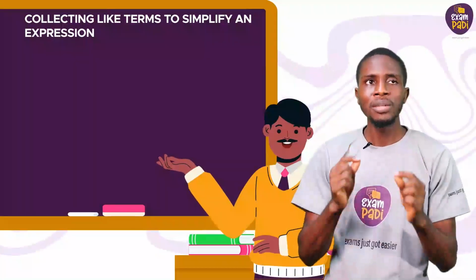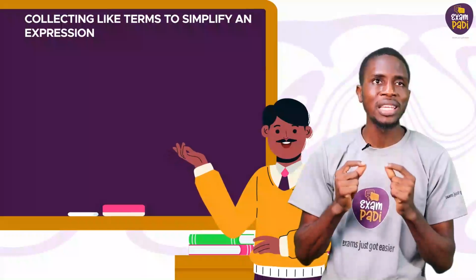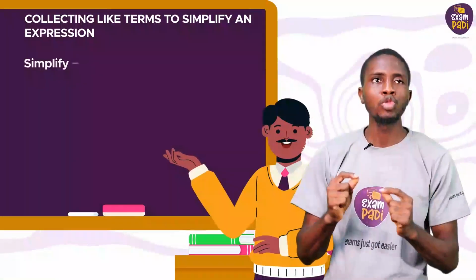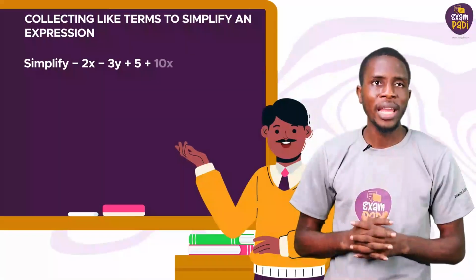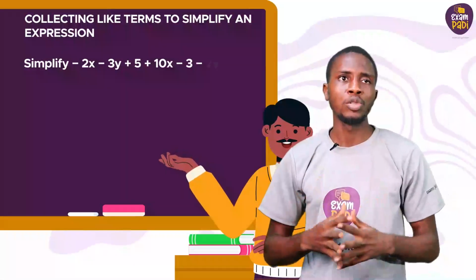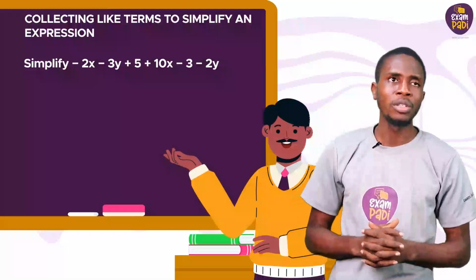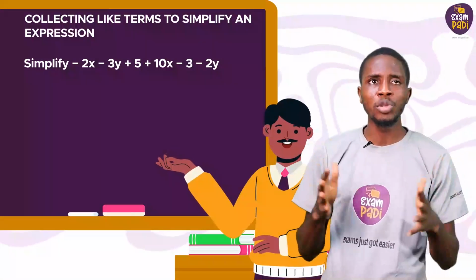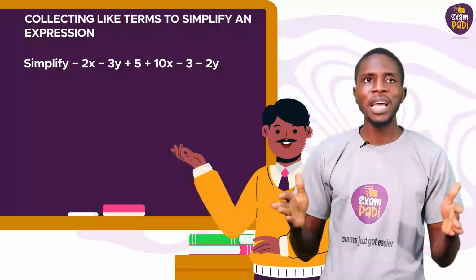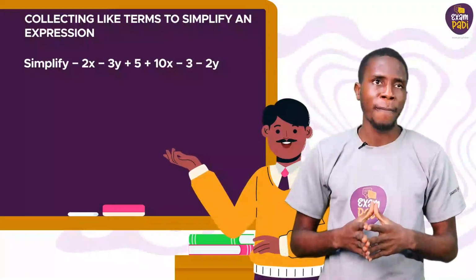3. Simplify the expression by collecting the like terms. Minus 2x minus 3y plus 5 plus 10x minus 3 minus 2y. Step 1. Rearrange the terms so that you group all the like terms together. Keep the sign in front of each term.